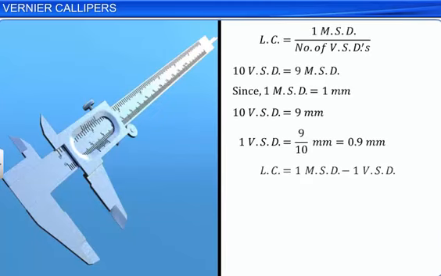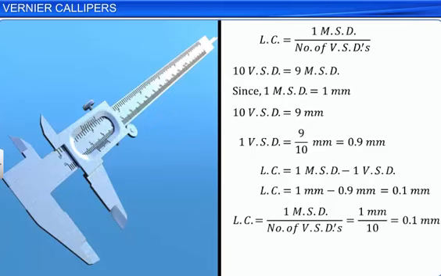Thus, the least count is equal to 1 millimeter minus 0.9 millimeter, which is equal to 0.1 millimeter. In another way, the least count is equal to one main scale division by the number of vernier scale divisions, which is also equal to 0.1 millimeter.